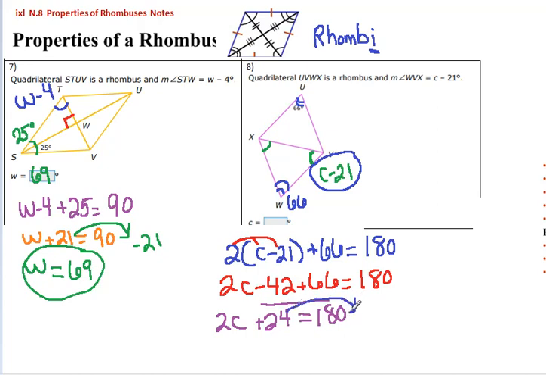So when it comes over here, it's going to be minus 24. So that's going to leave us 2C equals 156. And then when you divide by 2, that's going to leave you C equals 78 degrees. 78. That's your answer.